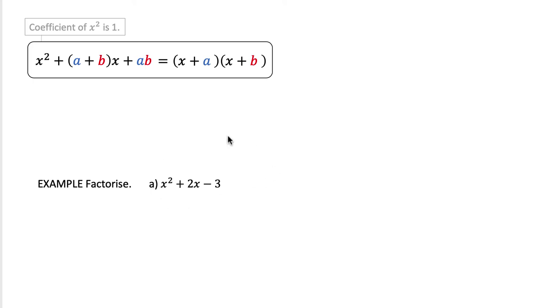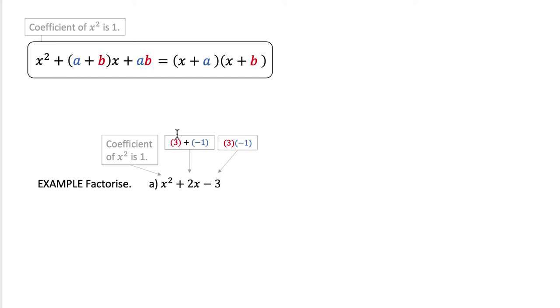Now, in our example, we'll first check that the coefficient of x squared is 1. Well, it is. Then we'll try to figure out 2 numbers so that their sum would be positive 2 and their product would be negative 3. Well, 3 and negative 1 are such numbers because 3 plus minus 1 makes positive 2, and 3 times minus 1 gives negative 3.